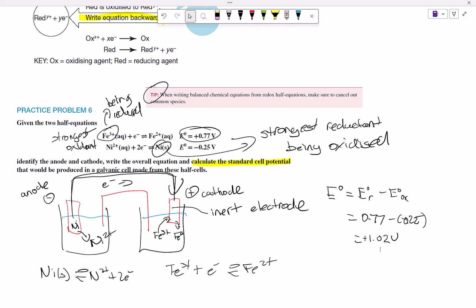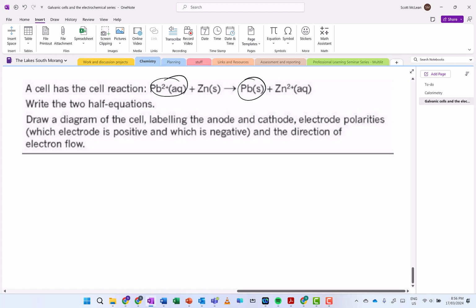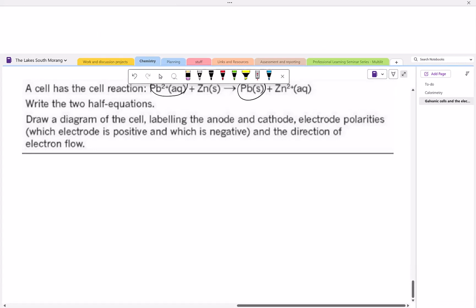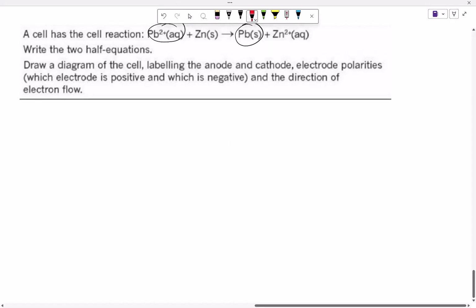So a couple extra questions here. The cell has this reaction as follows. Write the two half equations. So we're looking at, that's one. Sorry, I'll make it go back to full size again. And then we're going to go red, zinc, and the zinc 2 plus going over there. So how would you write that?